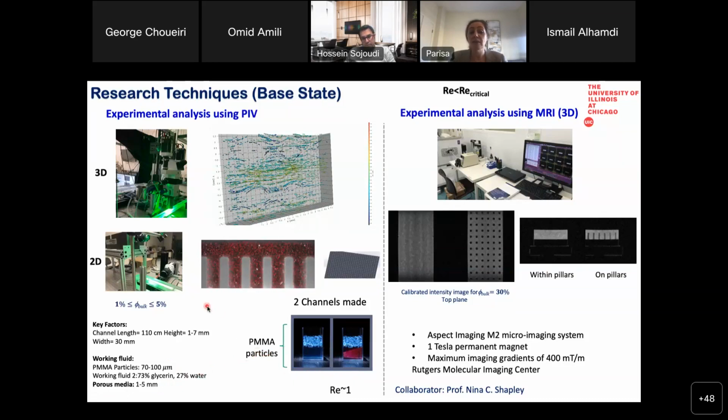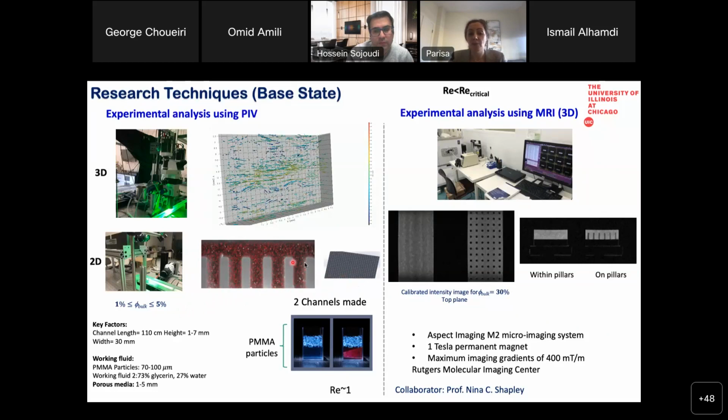But unfortunately, there are some challenges for PIV. For example, if you add more than 5% particles, the flow becomes really faint and vague, and it's hard to see what's going on. What we have done as a first step is to use a channel. The channel is pretty long, around 2 meters, and at the bottom of the channel we use different structures that are 3D printed.